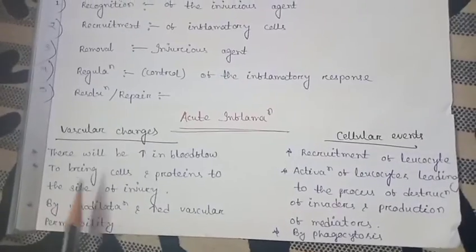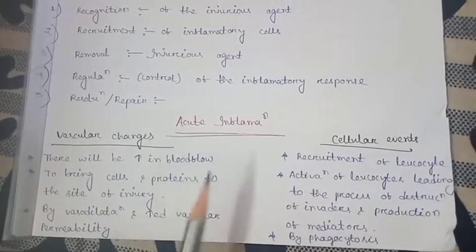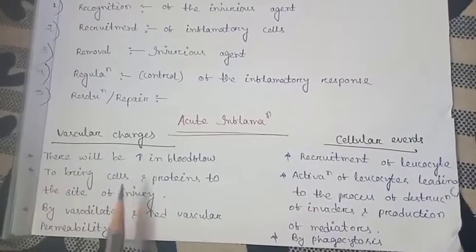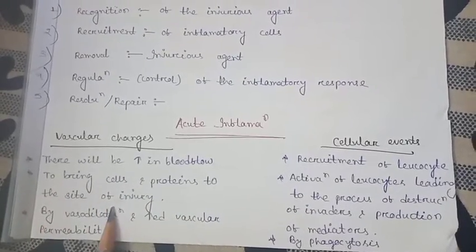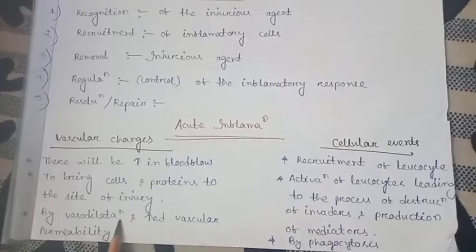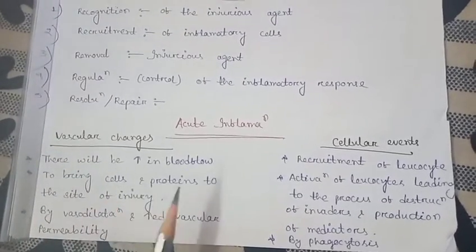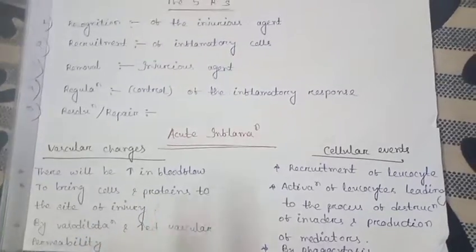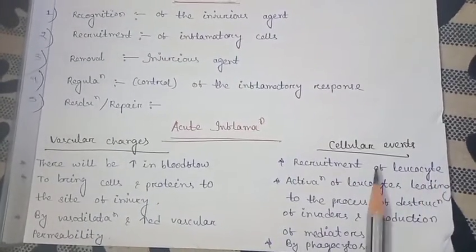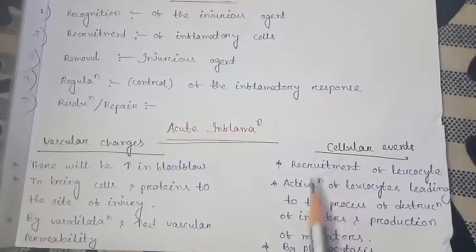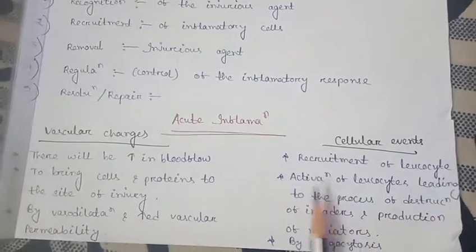Then we discuss the changes that occur in acute inflammation. First, the vascular changes: the blood flow increases to bring the cells and the proteins to the site of injury. By vasodilation and increased vascular permeability, the cells and the proteins enter the site of injury. Whereas in the cellular events, there will be a requirement of leukocytes. Why?